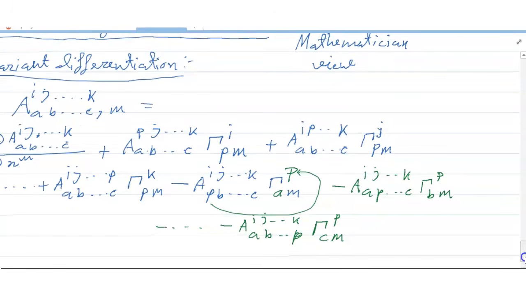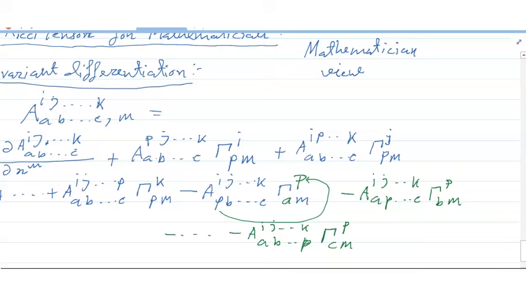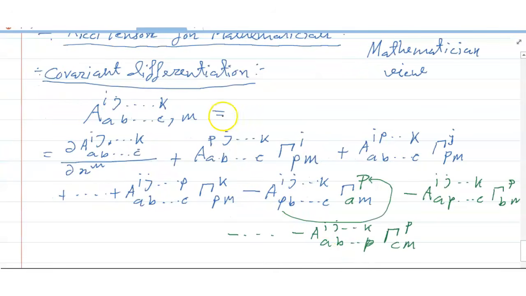This is the covariant mixed tensor. I just show mixed covariant and contravariant differentiations, friends. We need to learn covariant and contravariant differentiations. This is the mixed differentiation.